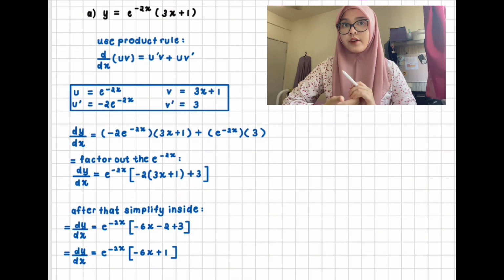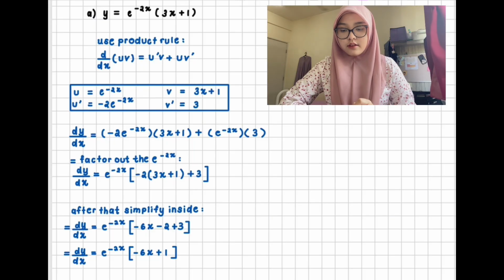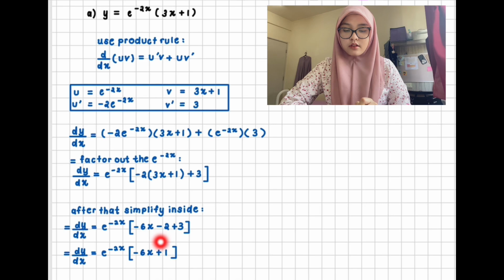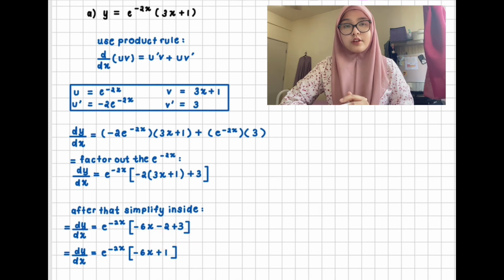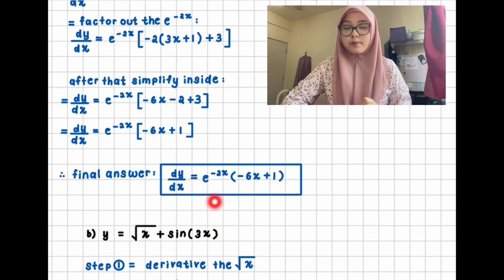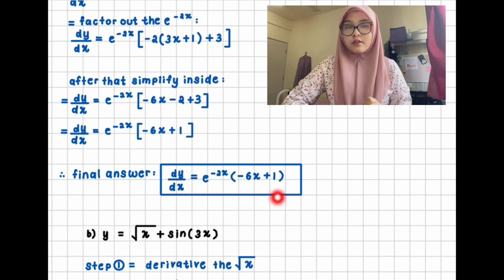After that, we simplify inside the bracket. dy over dx equals e to the power of negative 2x times (negative 6x minus 2 plus 3). So the final answer is dy over dx equals e to the power of negative 2x times (negative 6x + 1).